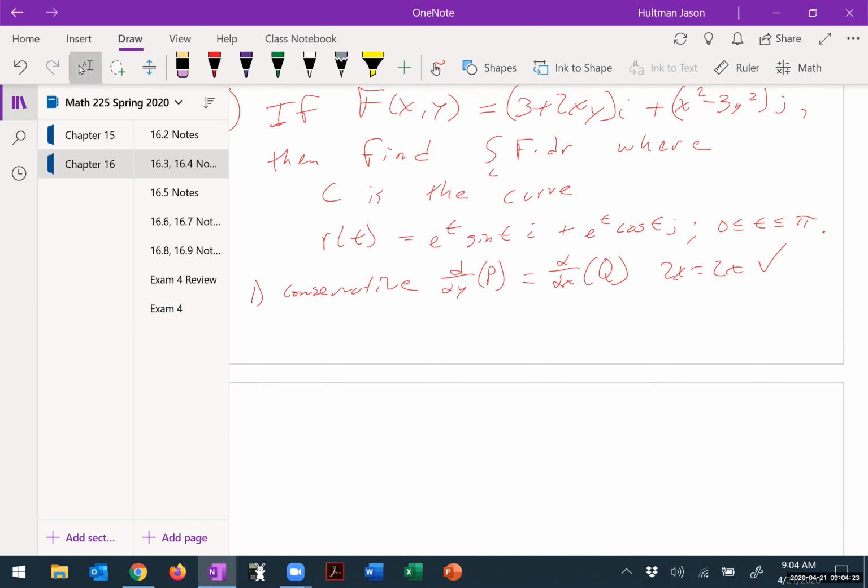It means we're in really good standing for finding the line integral with respect to the fundamental theorem of calculus.